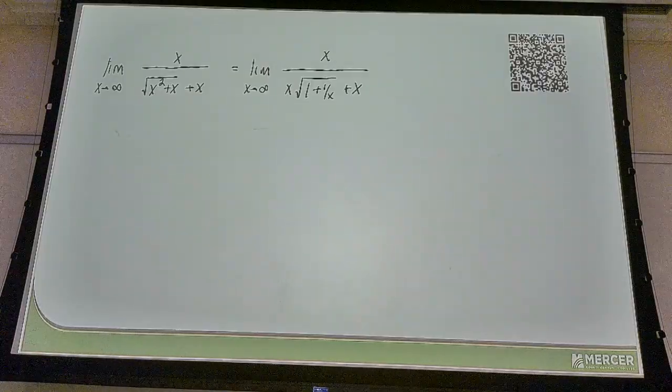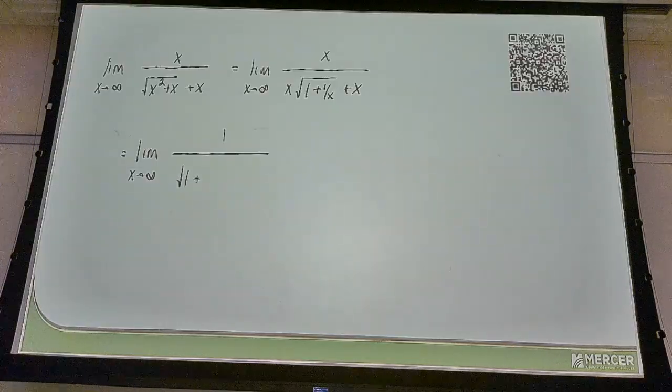And you don't need the absolute value because x is going to infinity, which means all the values of x are positive. So you get half.